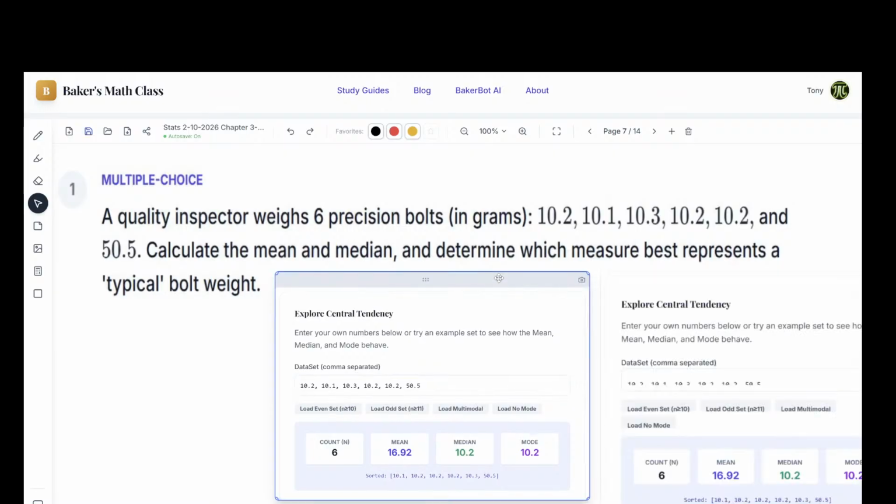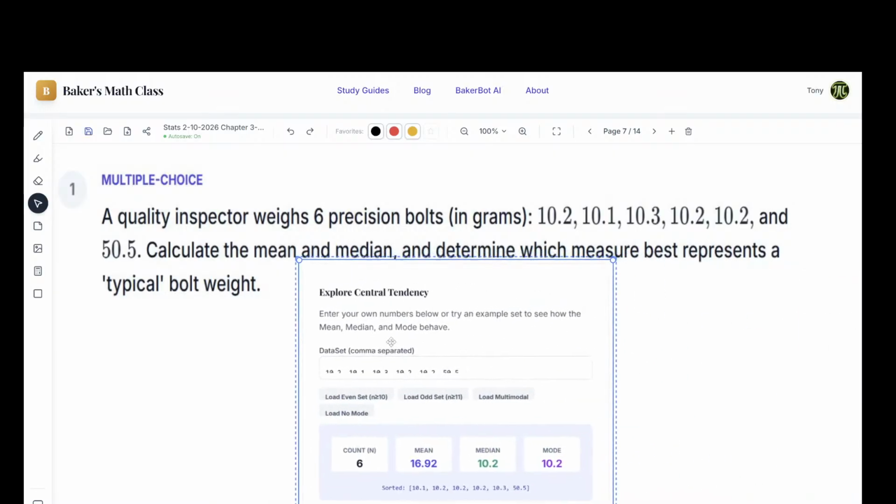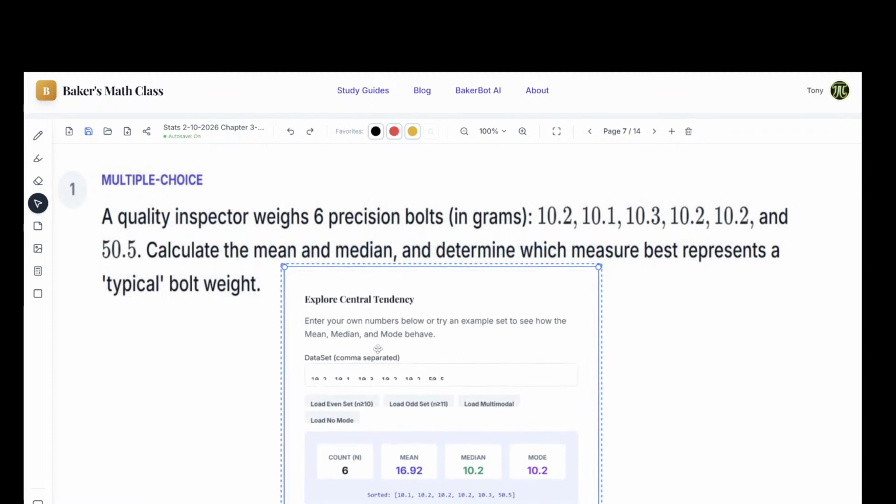Okay, why? Yeah. So that 50.5 is doing what to my data? It's skewing it right. It's pulling my mean higher.